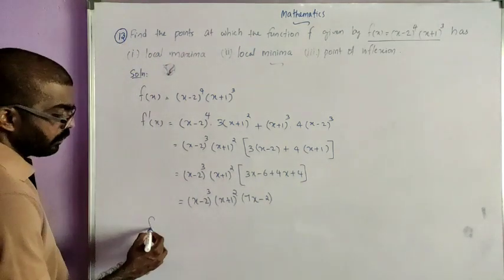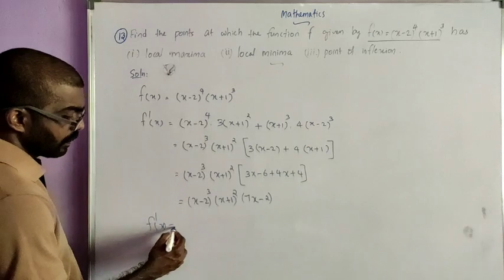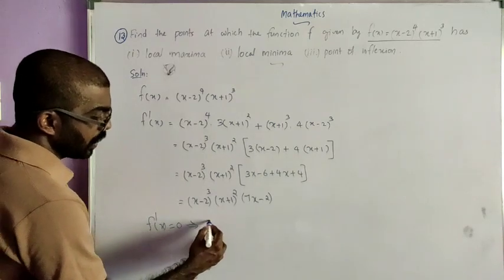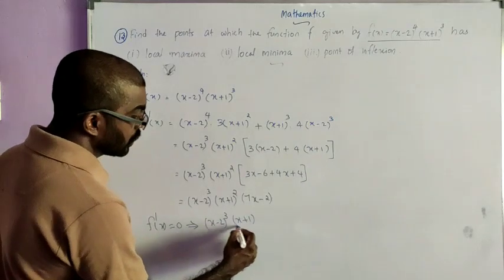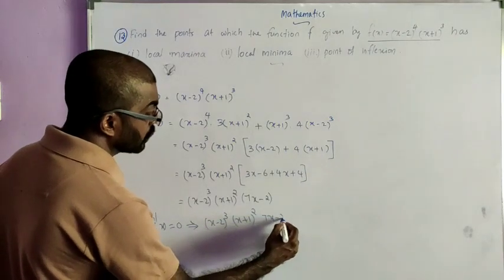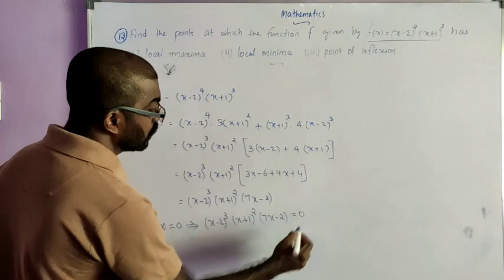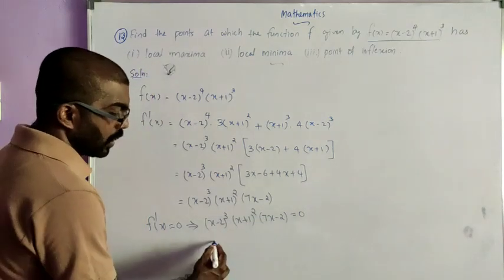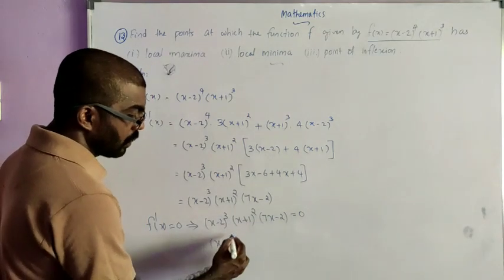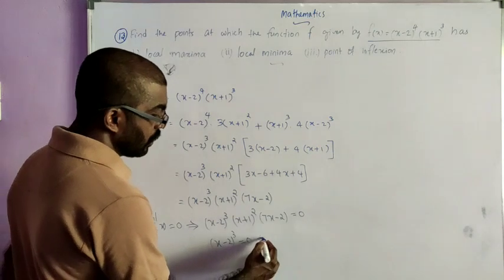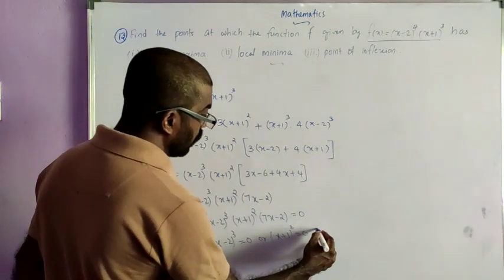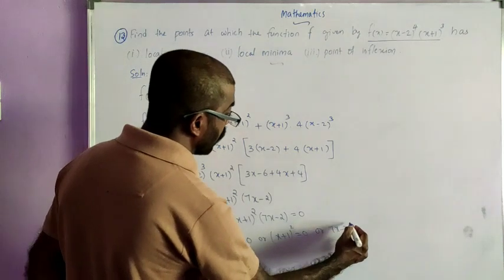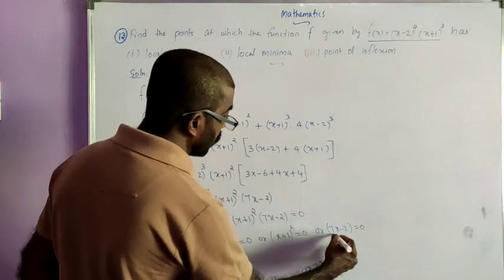Now we can equate f dash of x to 0. f dash of x equal to 0 implies (x minus 2) the whole cube into (x plus 1) the whole square into (7x minus 2) is equal to 0. Or we can write (x minus 2) the whole cube equal to 0, or (x plus 1) the whole square is equal to 0, or 7x minus 2 is equal to 0.